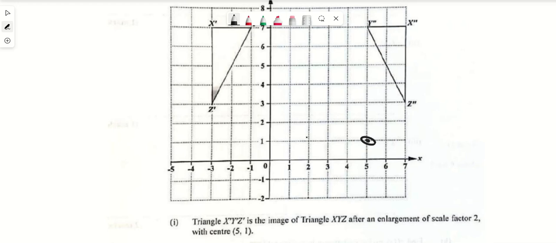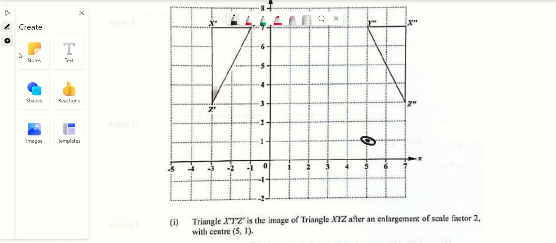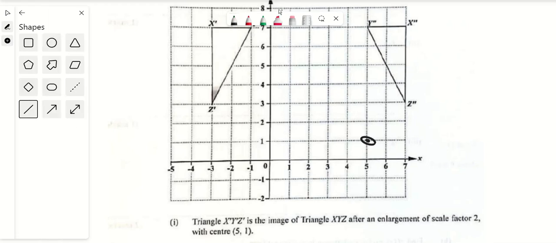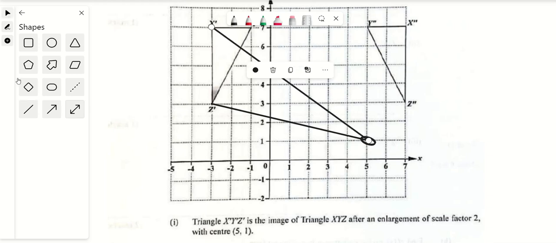So if we connect each side with our coordinate, let's go like this, and then connect it to the coordinate here. Then you take this here and connect it to this coordinate here, and then we connect it and pass it through this coordinate right here.